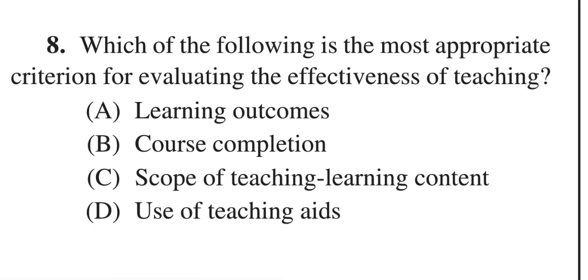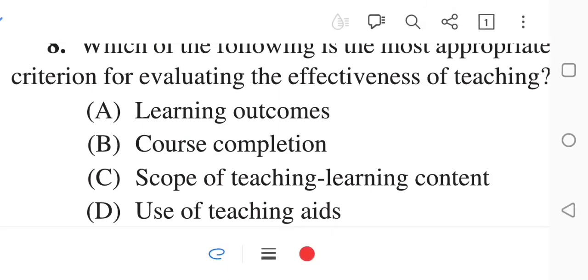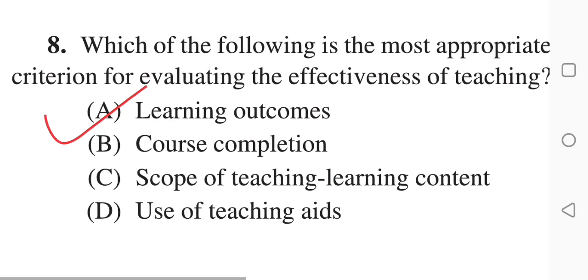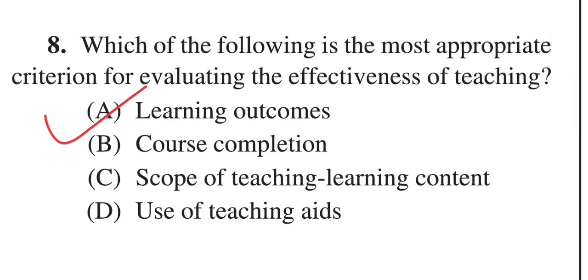So correct answer will be number A, learning outcome. Learning outcome is the most appropriate criterion for evaluating the effectiveness of teaching. This is also related to teaching aptitude. You can make this out from the question itself.